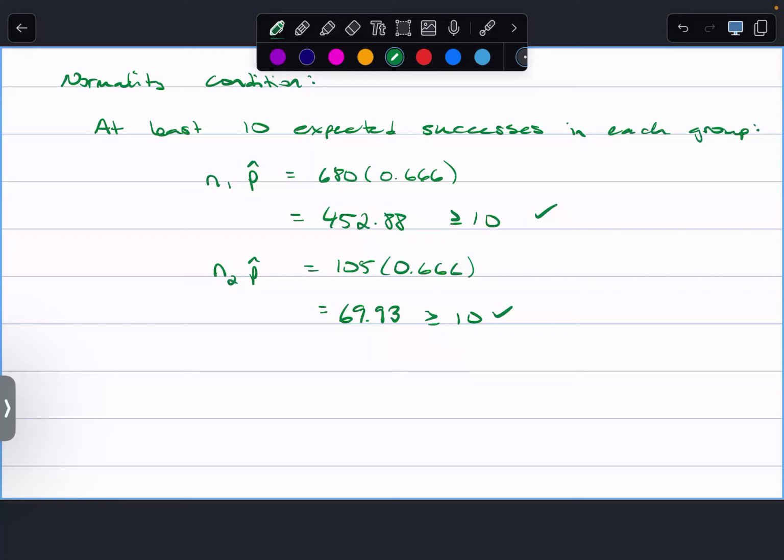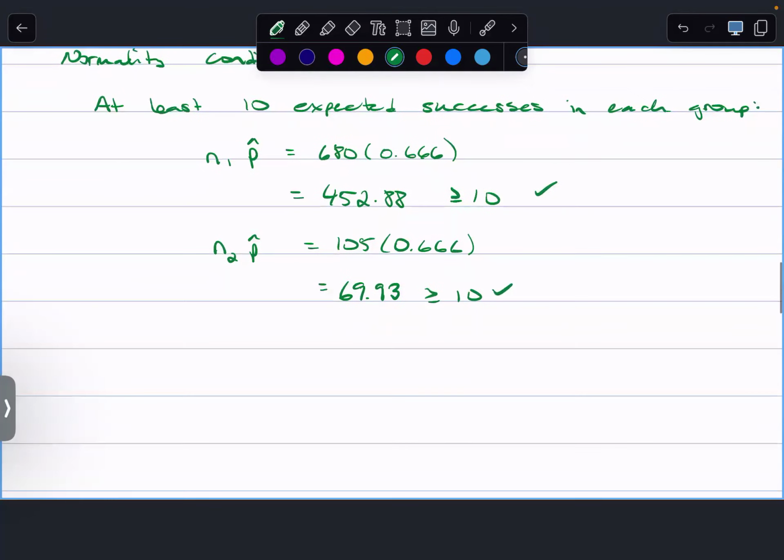That's the only tricky part, is that you need to check it for both samples. Okay. And then at least 10 expected failures in each group.